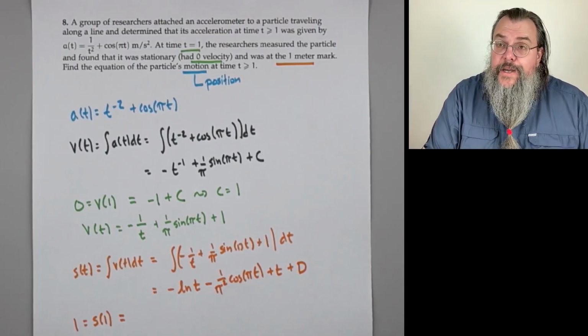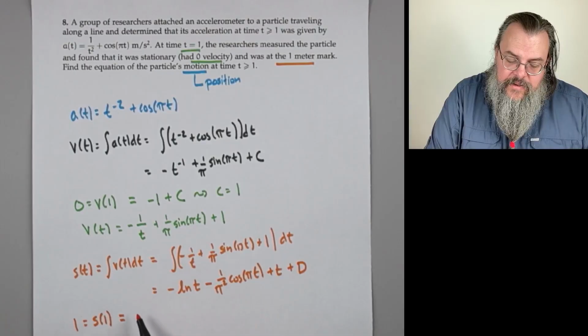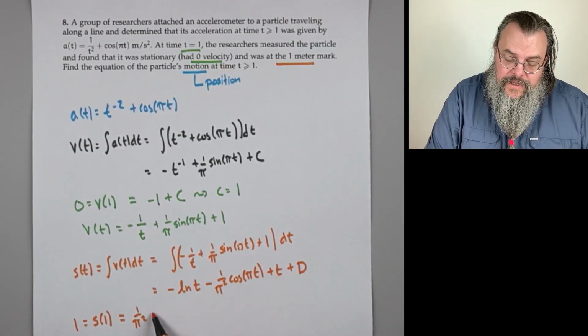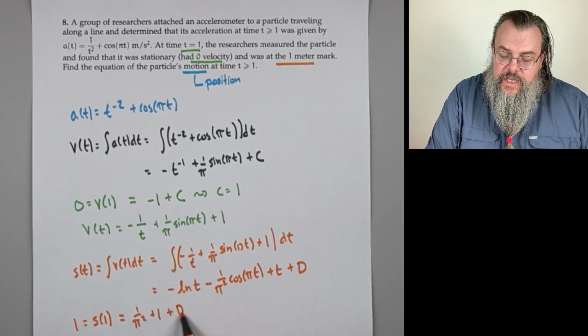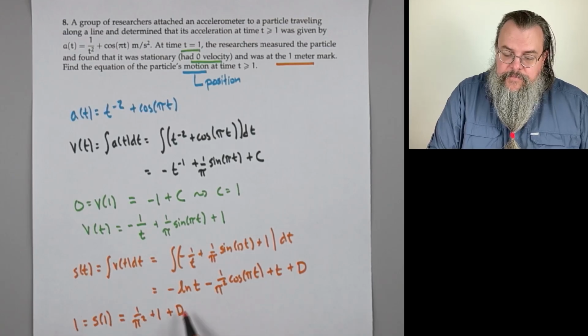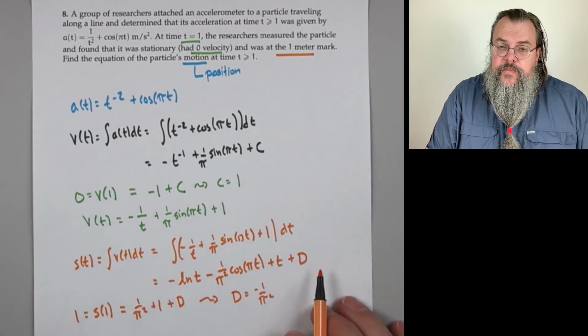Now, cosine of pi is a minus 1. There's another minus. That gets us to 1 over pi squared, plus 1, plus d. Well, we see that the 1's cancel. And that leads us to the conclusion that d is minus 1 over pi squared.